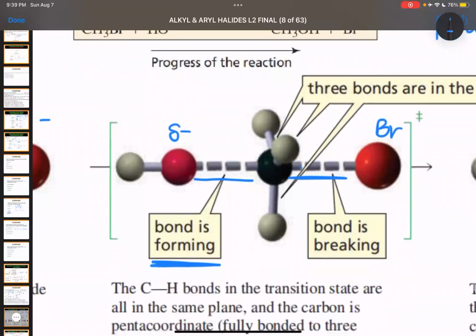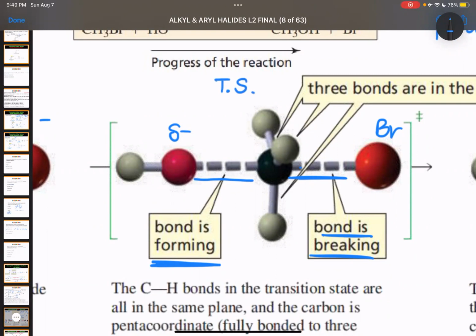This bond is breaking. Is it clear? Right? So this is how the reaction is happening, and this is known as the transition state. It is known as TS.